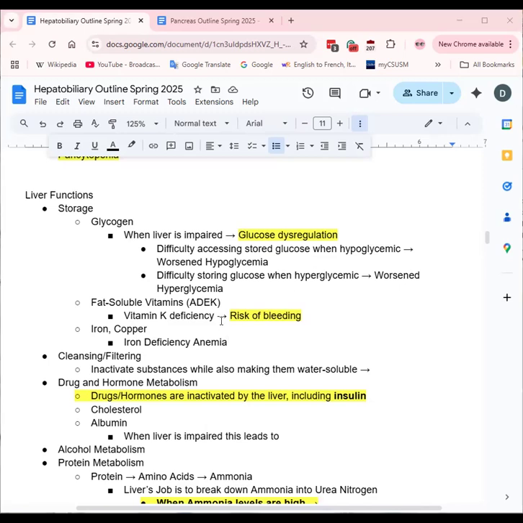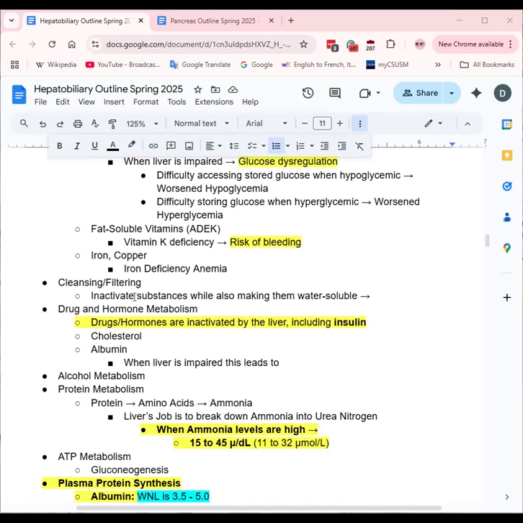Okay. Like I mentioned here, cleansing and filtering. The liver inactivates substances to make them more water soluble. And why did I say being more water soluble is effective? Excretion, yeah.